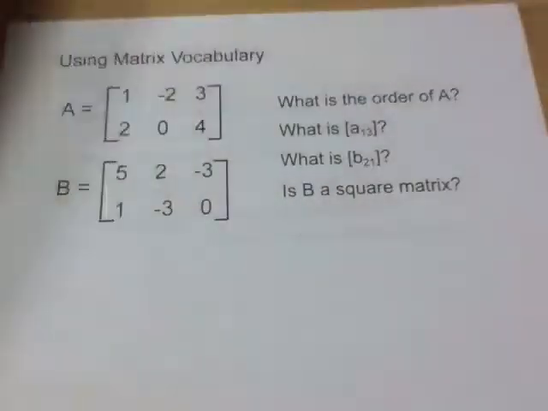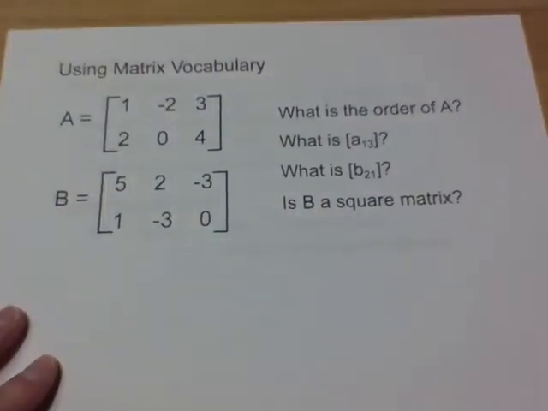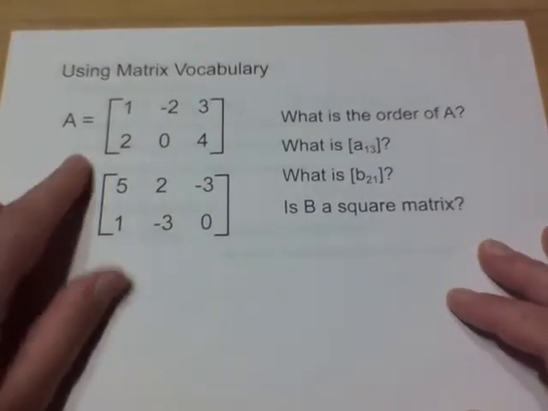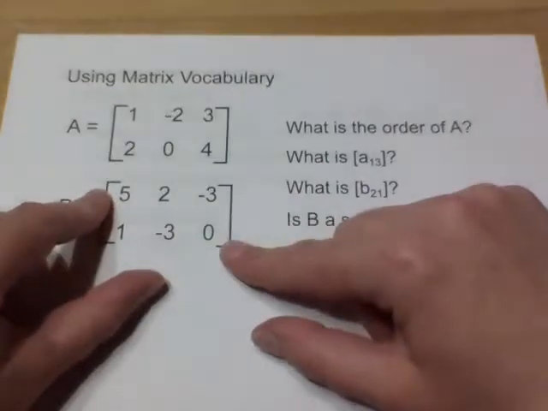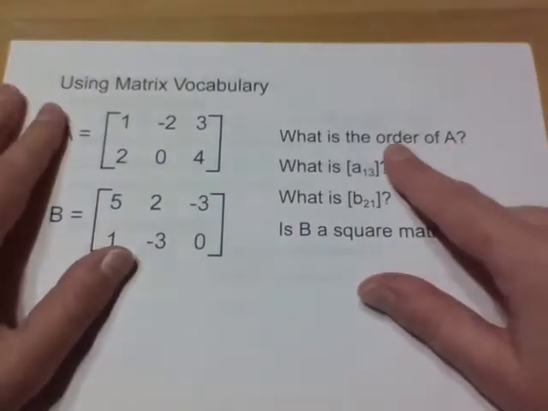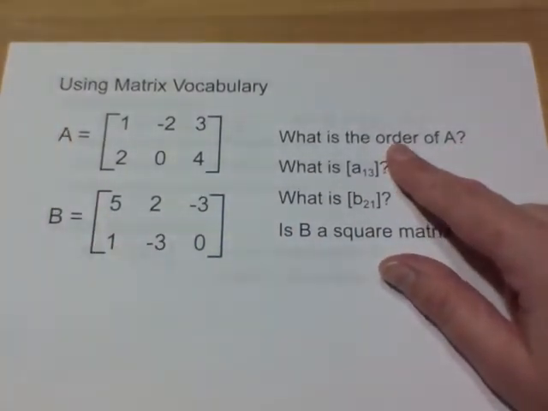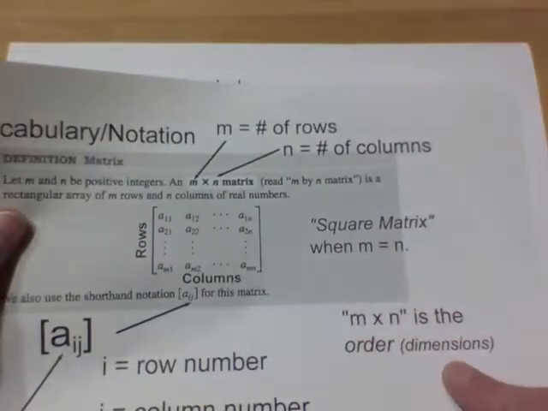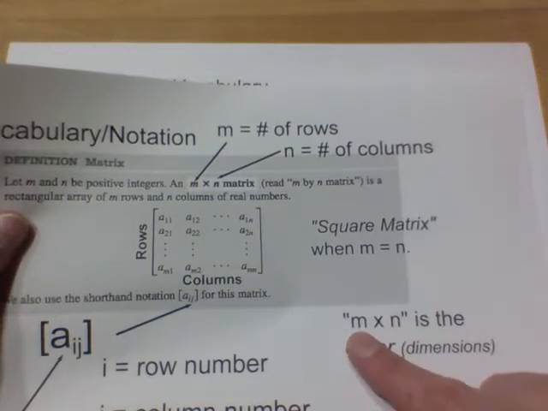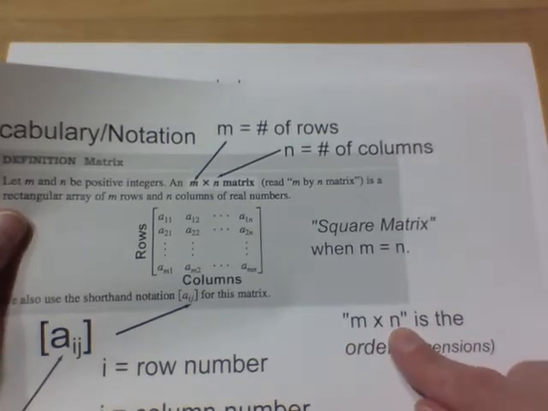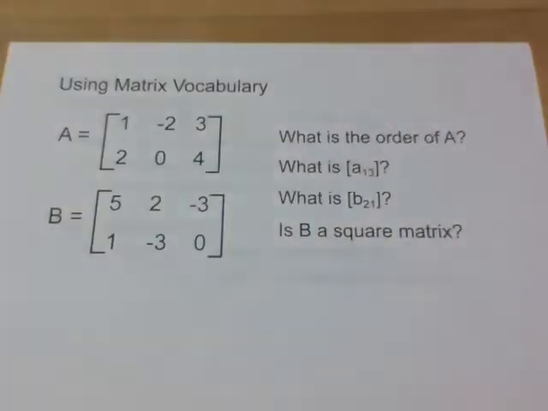So when we use matrix vocabulary, notice that we have some capital letters here that equal certain matrices. All right, and so we have something called the order of the matrix. And the order, as is said in this definition here, is just the dimensions. So if you're going to ask what the order is, you just take your rows and put an X and then your columns.